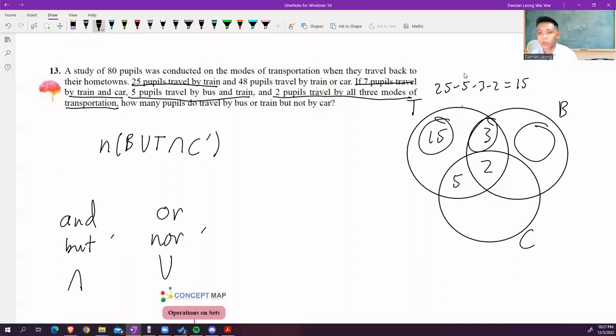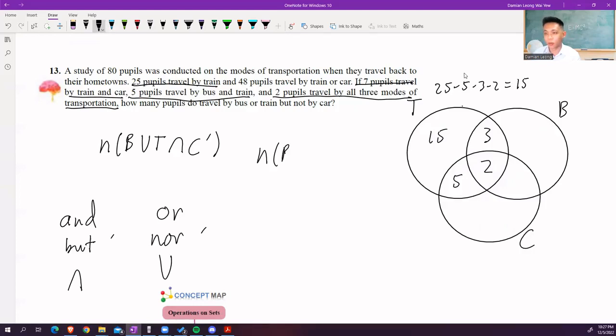Okay. So what I do know is this 48 pupils travel by train or car. So this part all added together is 48. Then I can find bus only.